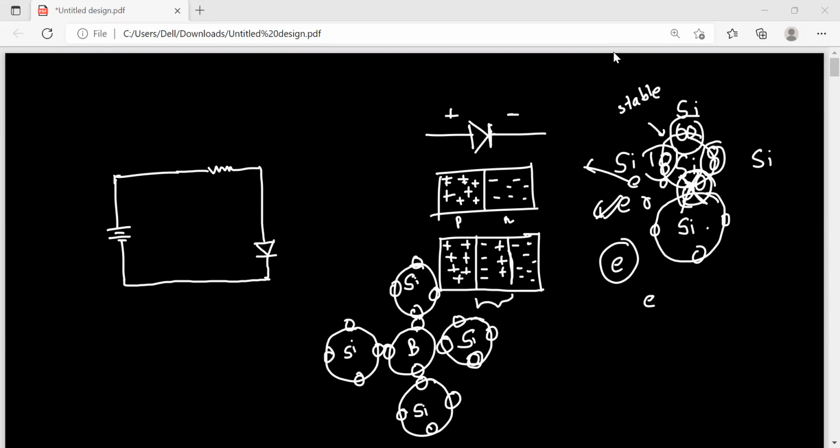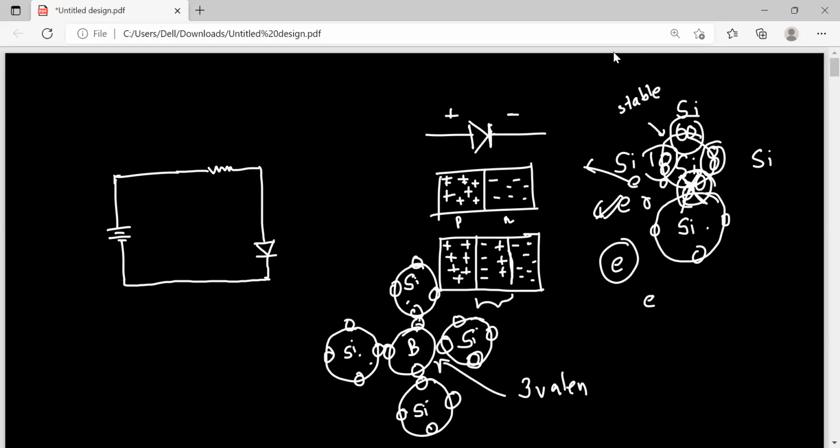Doping simply means that in between the silicon atoms, we insert an atom which has only 3 valence electrons. Normally, a silicon will make bonds using its 4 valence electrons.